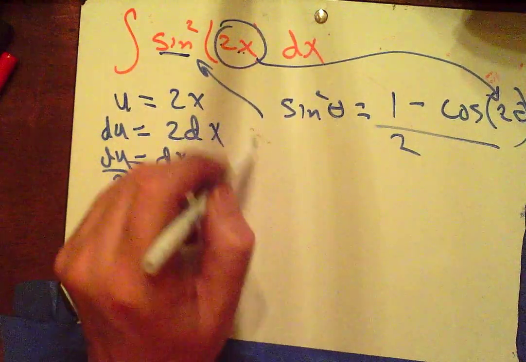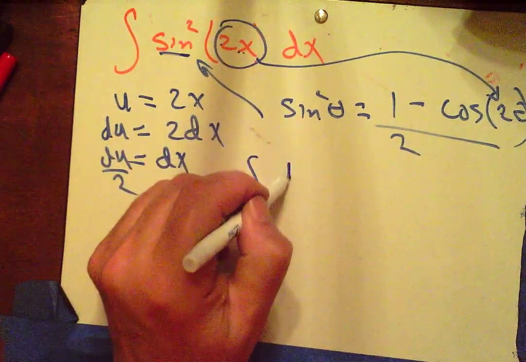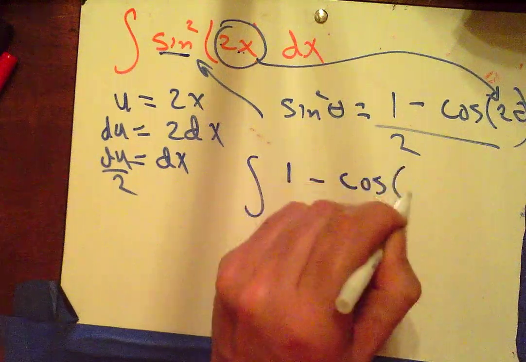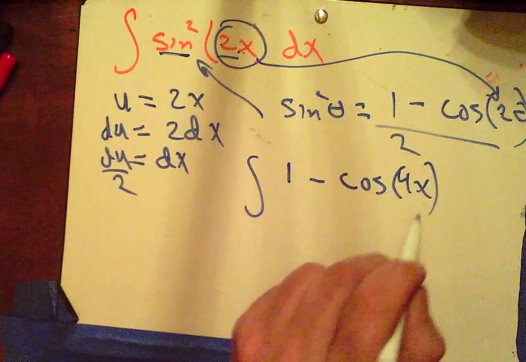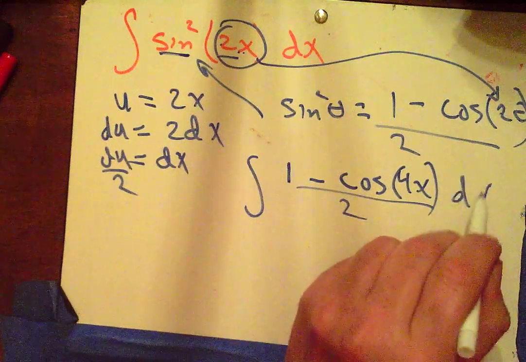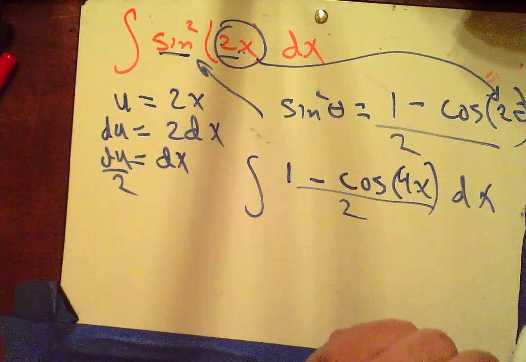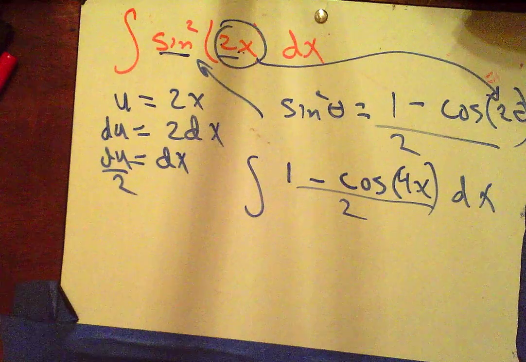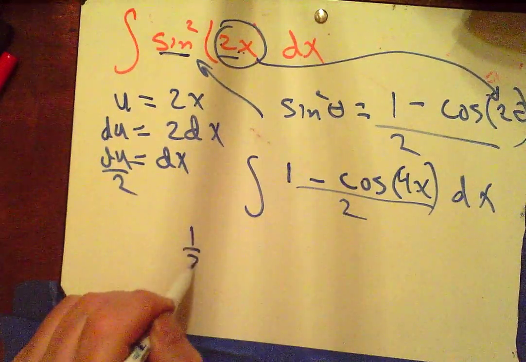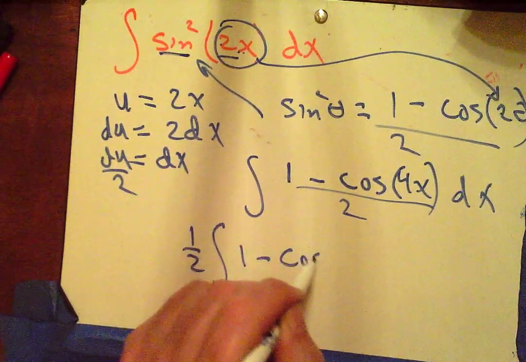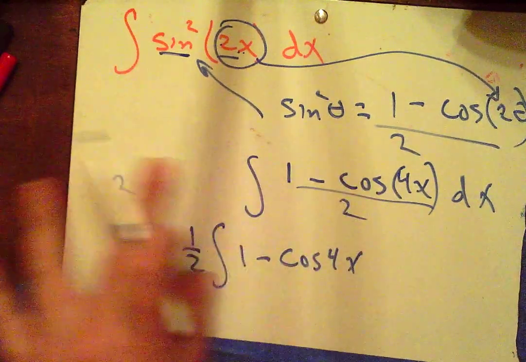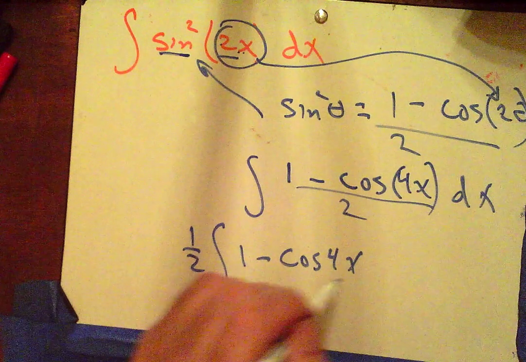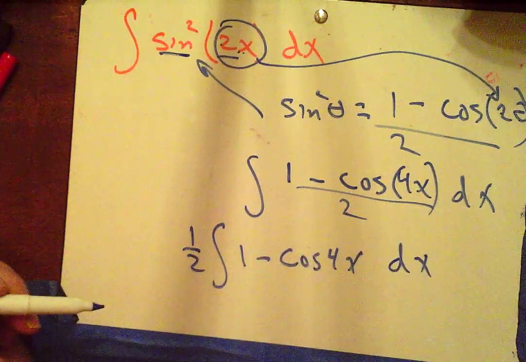So I'm now going to have integral 1 minus cosine 2 times 2x, 4x, all over 2. And we've got dx here. Okay, well, let's pull out that constant. 1 minus cosine 4x dx. Okay.